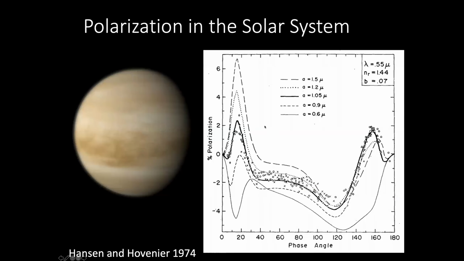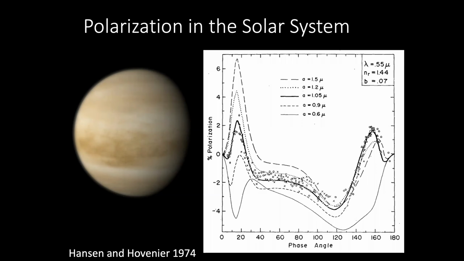So I think it's perhaps timely just to remind everyone of what polarization has done for us in our understanding of Venus. So this is kind of the classic example of how we've used polarimetry in the solar system to understand planetary atmospheres.